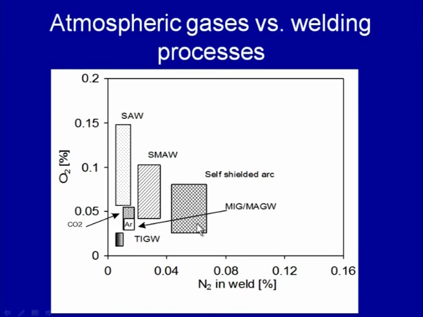So, the effectiveness of each welding process to seal the arc and the weld pool from the atmospheric gases is not the same, and it varies with the approach and the welding process being used for sealing the weld pool.